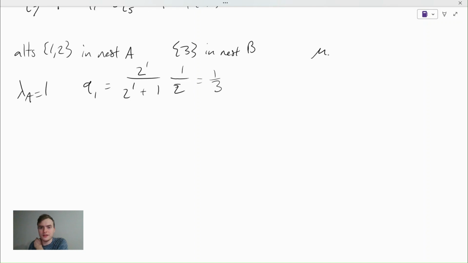With our mu i still equal to 0, each alternative has the same probability independent of the nest. Because this is a group by itself, it doesn't matter what the dissimilarity parameter is. It's going to be 1 raised to the power of something, but that's only because we have mu 0.